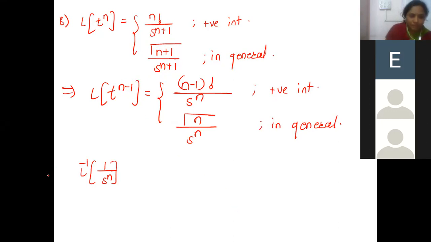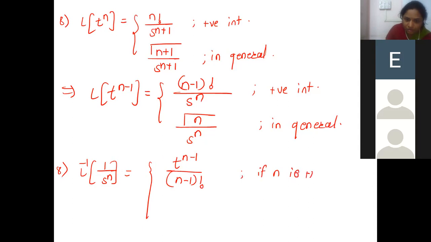Now this Laplace inverse 1 upon s raised to n, it will be Laplace inverse. This is n minus 1 factorial, constant will go down here. So it is t raised to n minus 1 upon n minus 1 factorial if n is a positive integer.